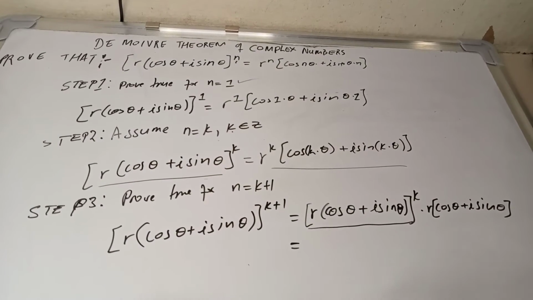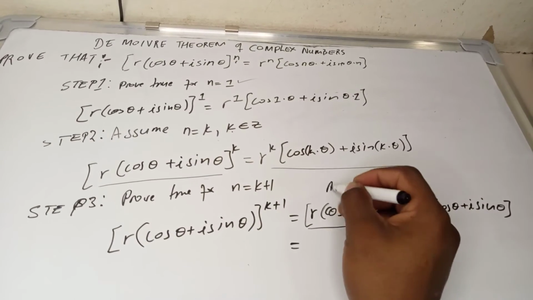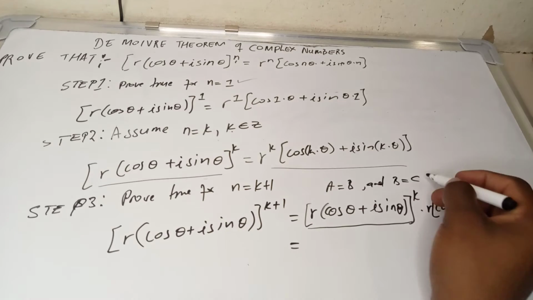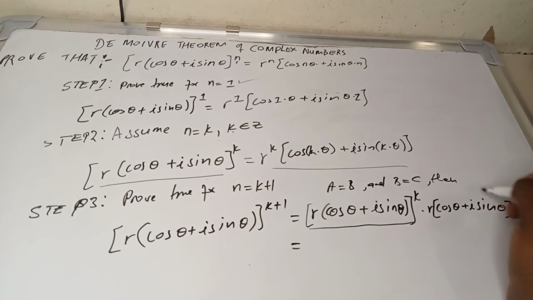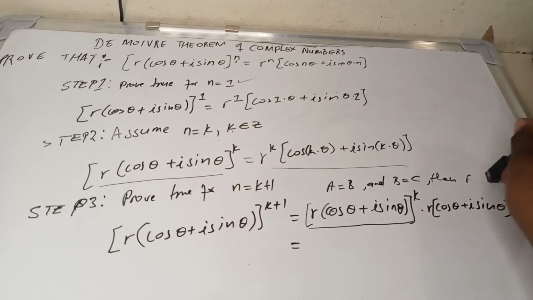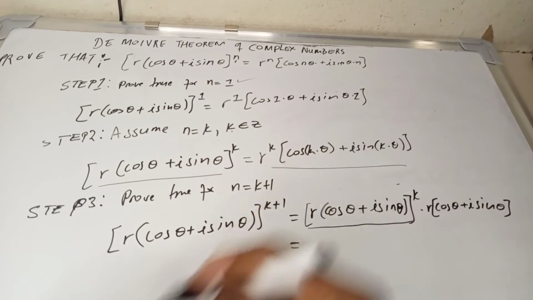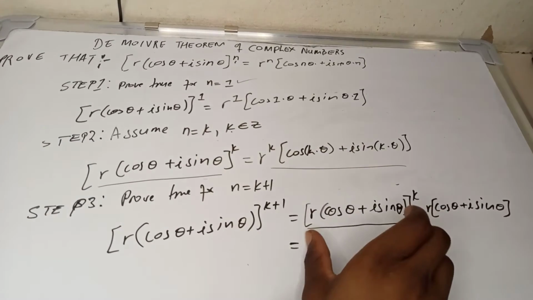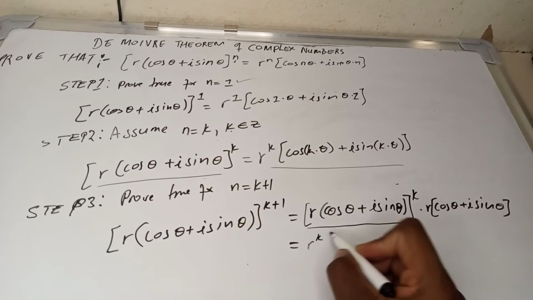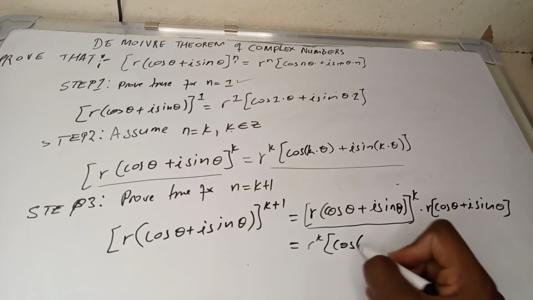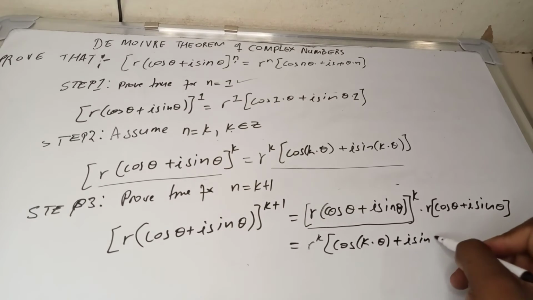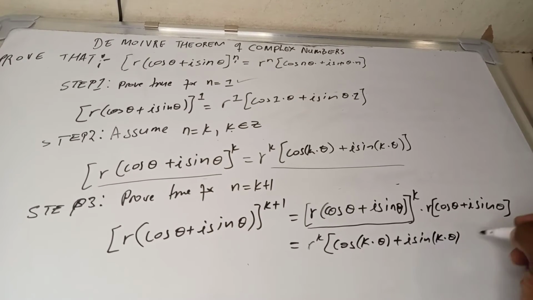If A is equal to B and B is equal to C, then A is equal to C. This is what I mean. So now instead of this, let me substitute this guy right here. So I'll have r to the power k, cos of k times theta plus i sin of k times theta.